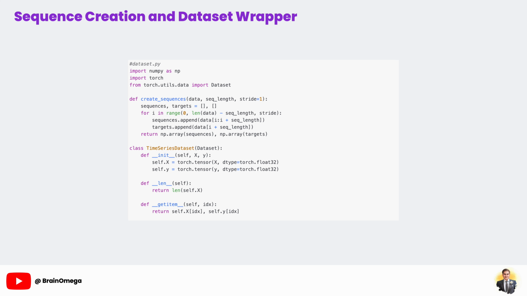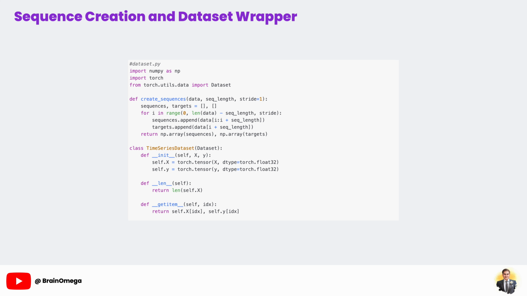Imagine you have a long stream of measurements, maybe network traffic data or sensor readings. This function slices that stream into overlapping windows, each of a fixed length, so the model can learn, given this recent history, what comes next. For every window, the target is simply the next value in the series. This is how we train our model to predict the future, step by step.